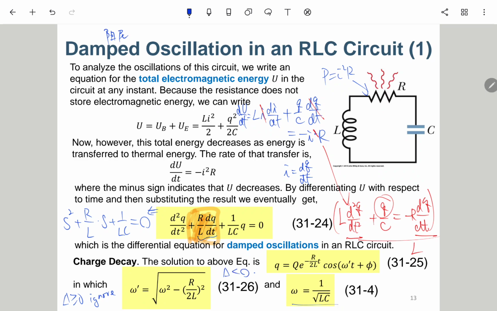For delta less than 0, we will have this solution. If b squared minus 4ac is less than 0, this second order algebraic equation will have complex conjugate roots. For the complex conjugate roots, it will give you something like this is the real part, and then the imaginary part will be like this.